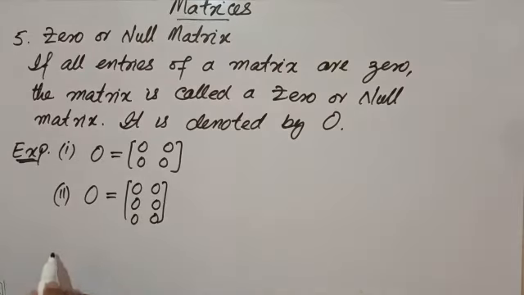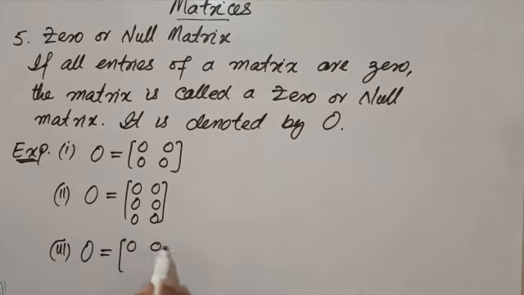This is a rectangular matrix. Or we can have 0, 0, 0, 0. This is also a rectangular matrix, and we see that every element is 0. In this case, all these matrices are the zero matrices.